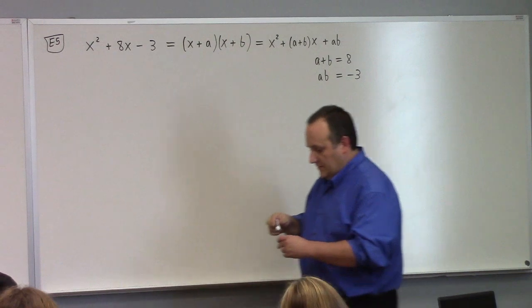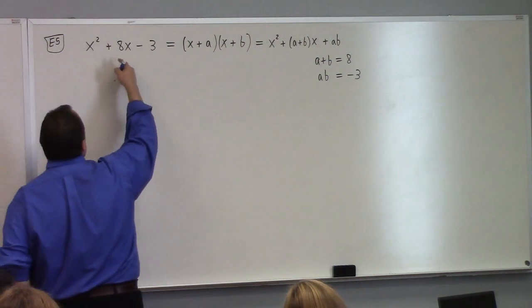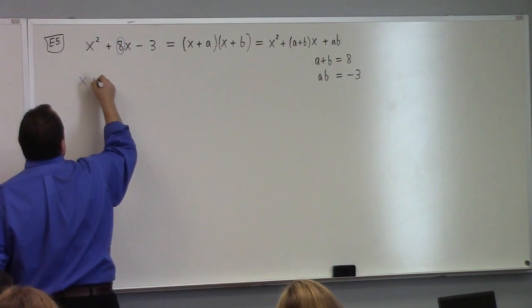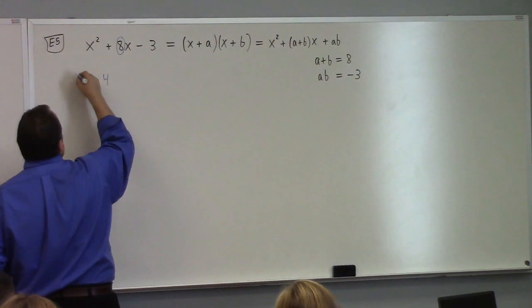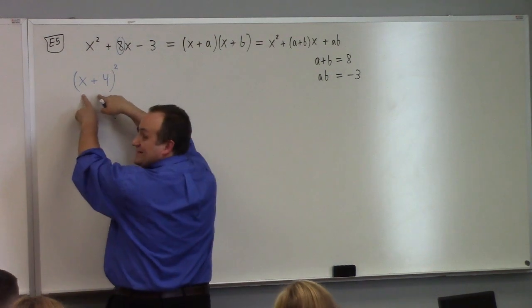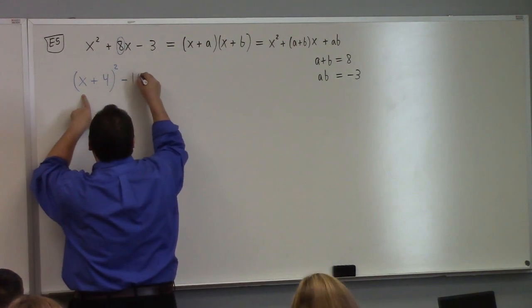What we're going to do is complete the square. Completing the square is an algorithm. So here we go. We take 1/2 of 8, which is 4. We square that. To be fair, I have now added 16, so I have to subtract 16.